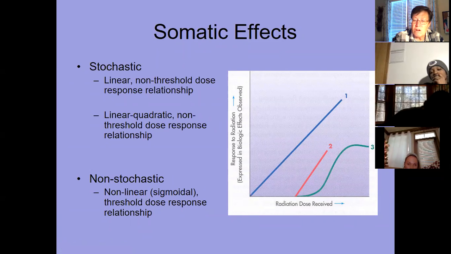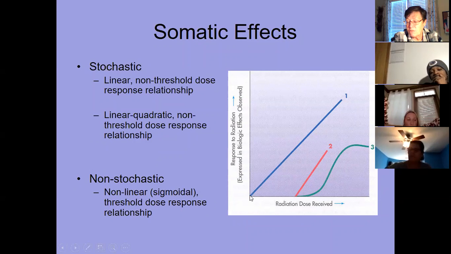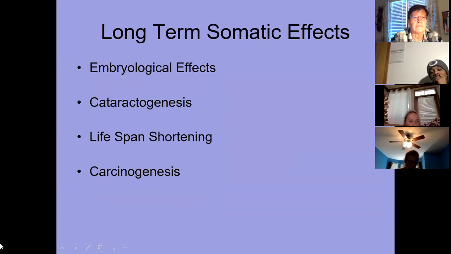Now, there is also research that indicates that some cancers follow a linear quadratic non-threshold dose response. We don't have a linear quadratic on the graph, but it would start at 0 dose because it's non-threshold, but it would be curved at the bottom, more U-shaped, before it extended into a straight line portion.